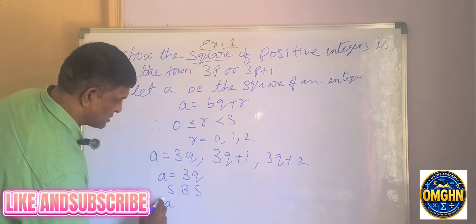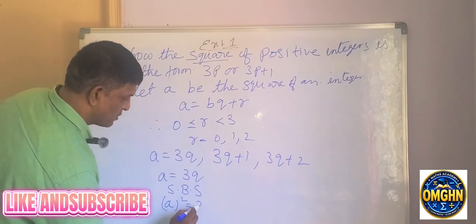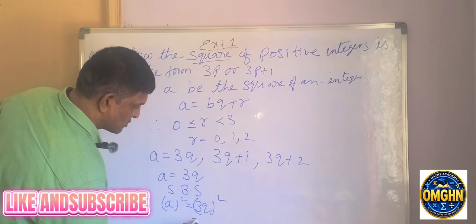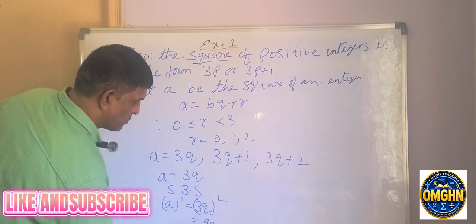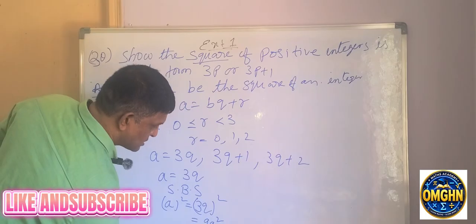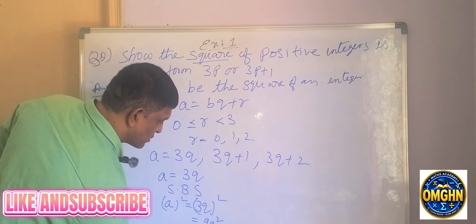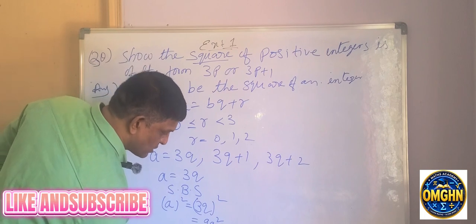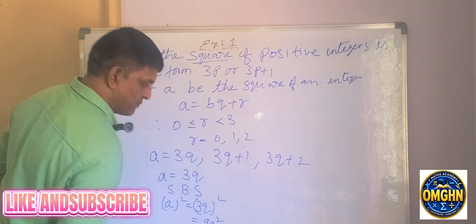So that is a square equal to 3q whole square. That is answer equal to 9q square. Now here we will write as 3 into 3q square. We will convert this 3q square as a p.